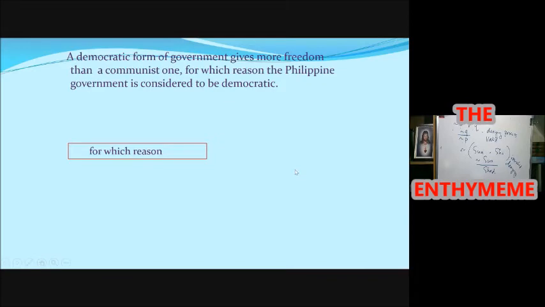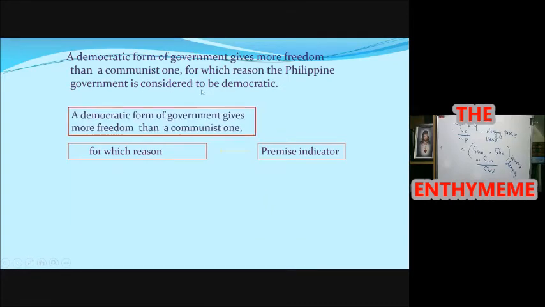"For which reason" is a premise indicator. If that is a premise indicator, then the part that it introduces is a premise. So this one: a democratic form of government gives more freedom than a communist one.